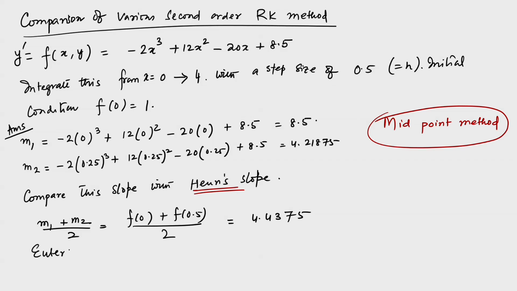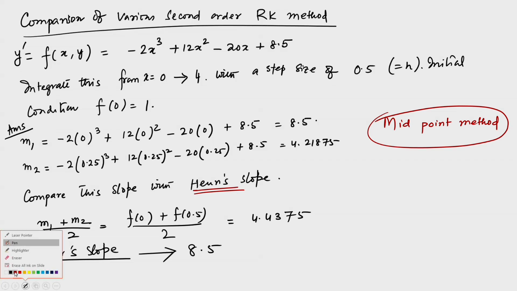Euler's slope is nothing but 8.5. So, the Euler slope is very large, whereas these two slopes, the Heun slope and the midpoint slope, are somewhat of similar magnitude.